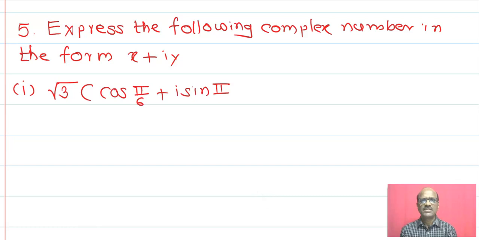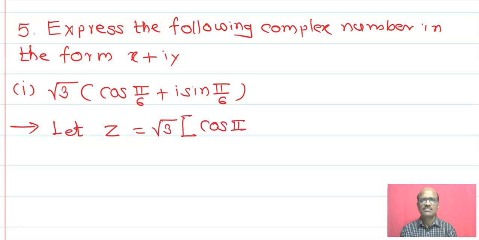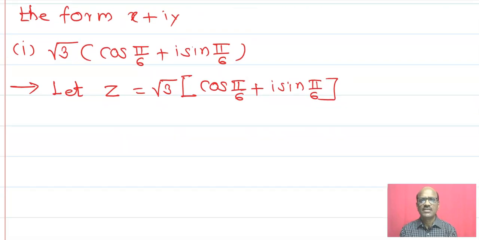Now let us see how to express the complex number in the form x plus iy. z equals root 3 times cos of pi by 6 plus I times sin of pi by 6.